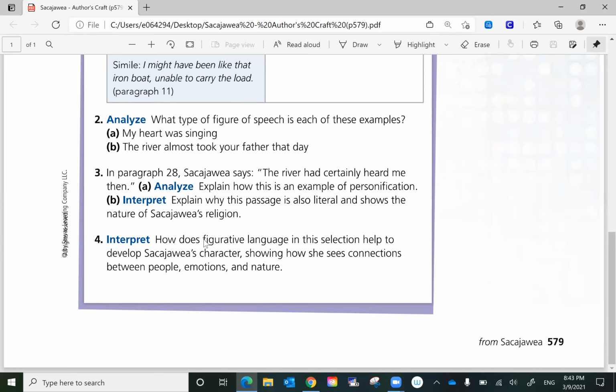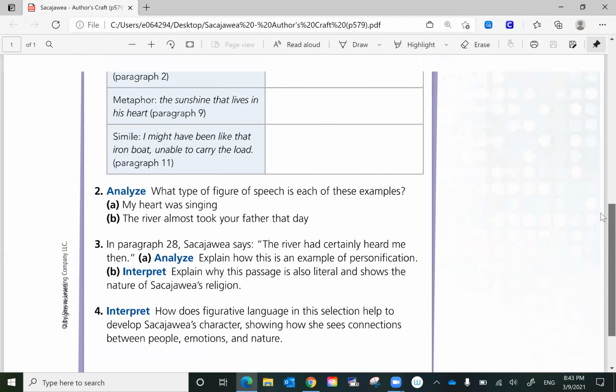All right, so basically you are analyzing how figurative language is used with the character development, okay? How does it help you as the reader develop this character in your mind, this Sacagawea, and how she interacts with the world around her? Okay, that's what you're explaining here.